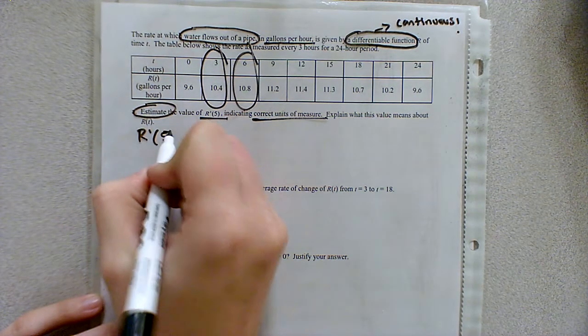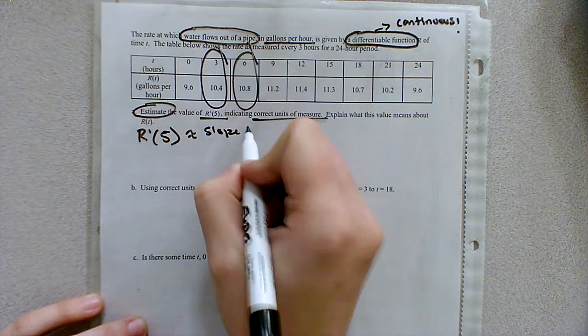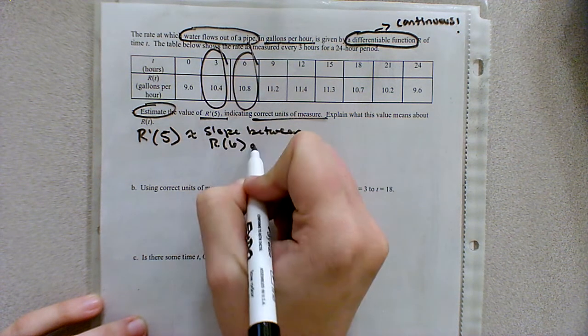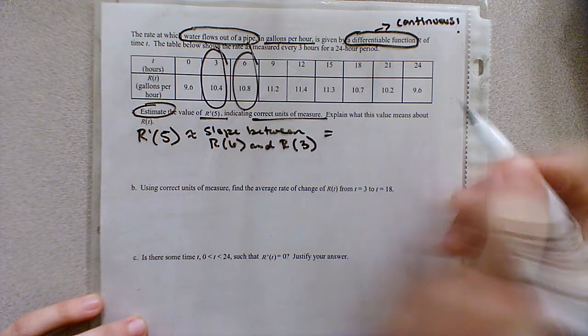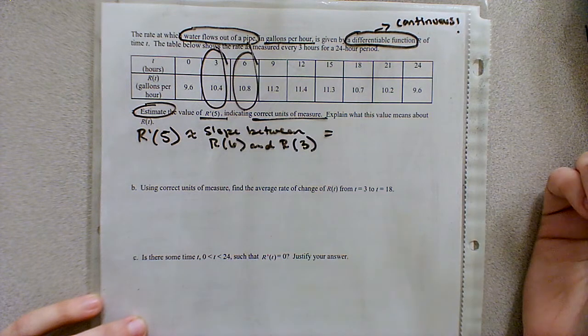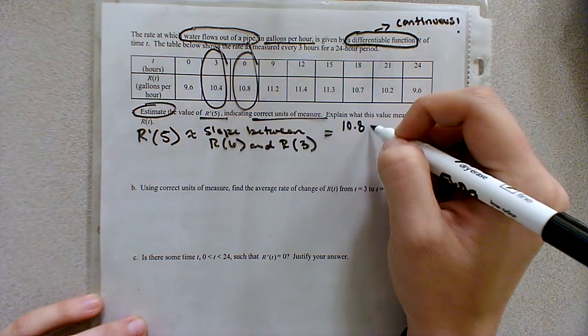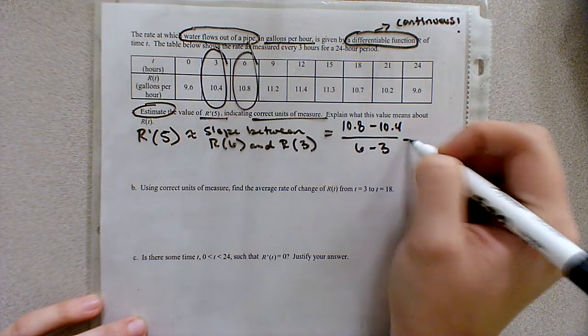So r prime of 5 is roughly the slope between r of 6 and r of 3. Doing the change in y's over the change in x's, way back to algebra 1, we'd have 10.8 minus 10.4 over 6 minus 3.